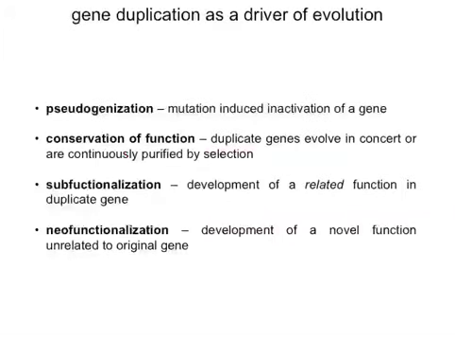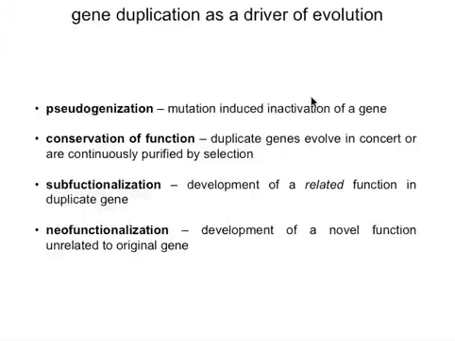So, what about gene duplication as a driver of evolution? Well, there are a few ideas that I want to introduce that can happen after gene duplication. I'll show you some mechanisms for gene duplication in a minute, but let's just assume that we can duplicate genes. What happens? Well, we can undergo pseudogenization, the creation of pseudogenes. They look like genes, but they don't work.